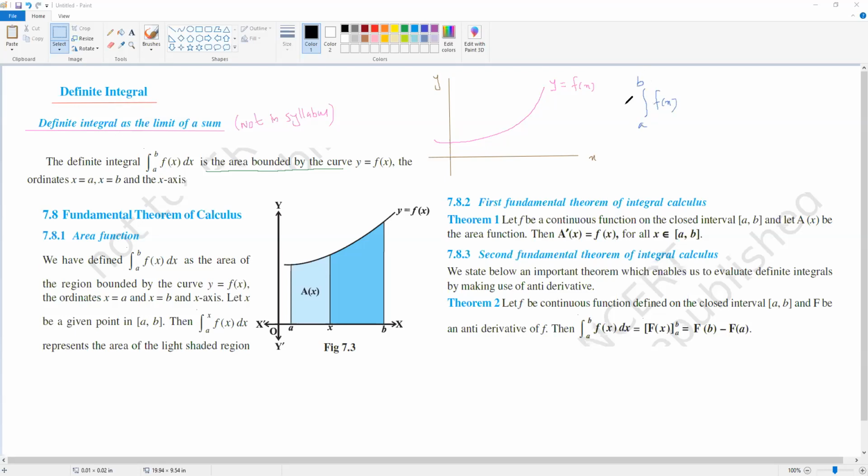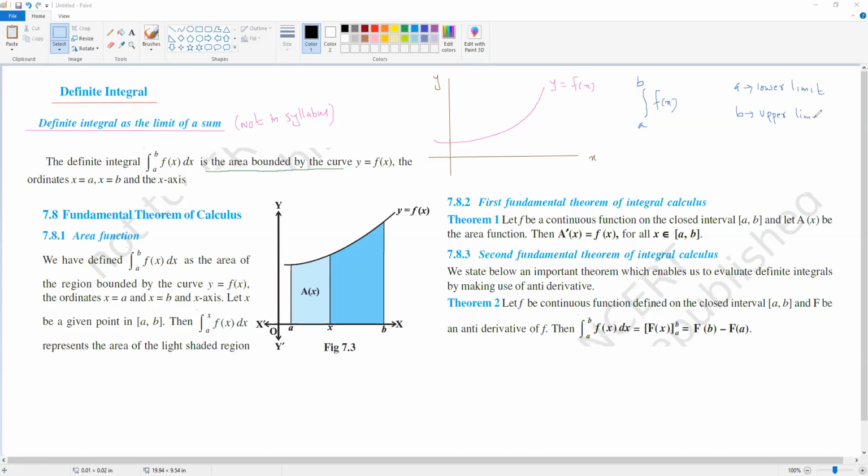सो अभी तक हमने जो किया था उधर कोई वैल्यूज वगैरह कुछ नहीं था. सो इधर अभी a to b, a is known as the lower limit, b is called upper limit.